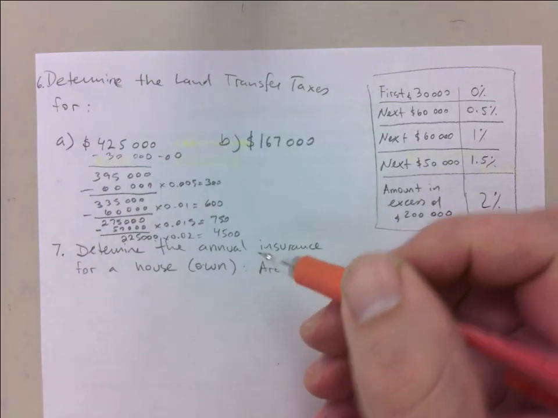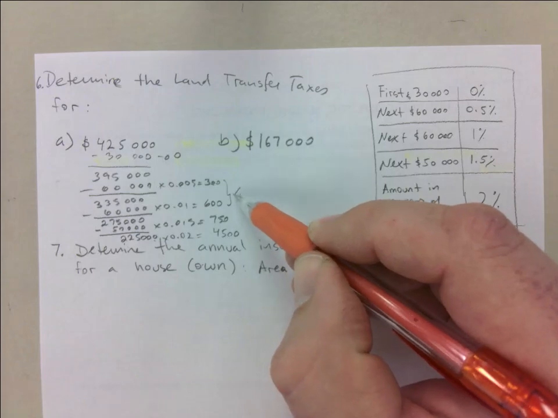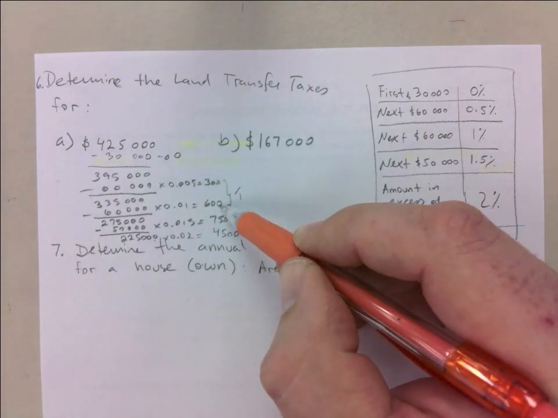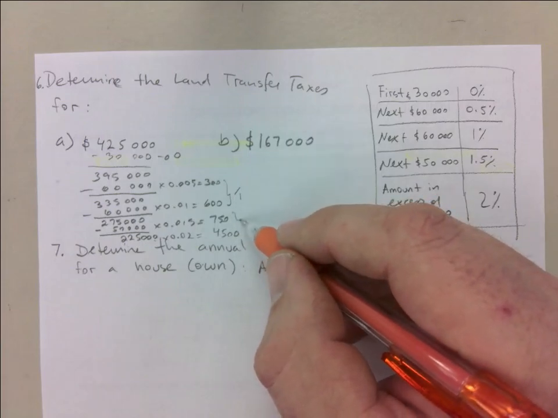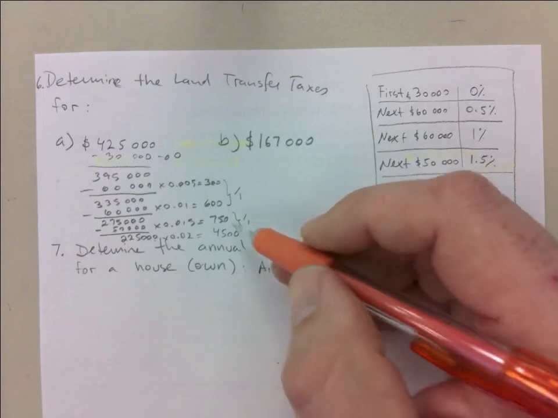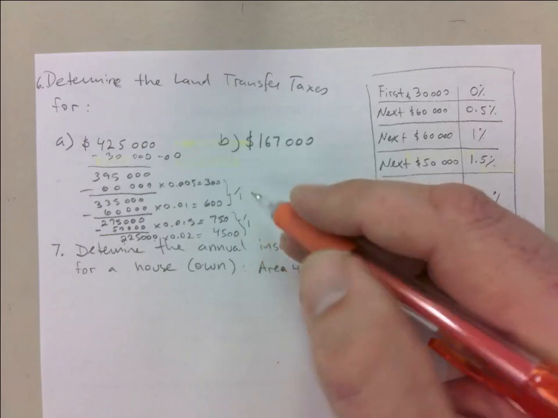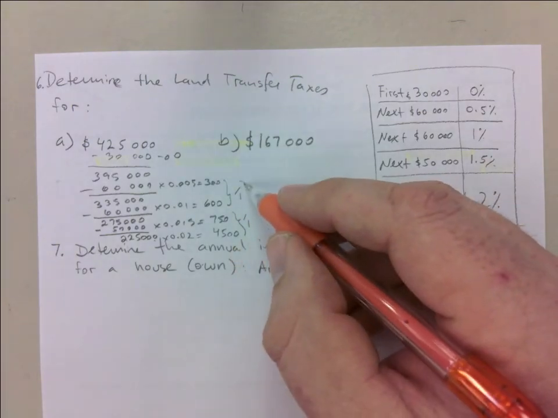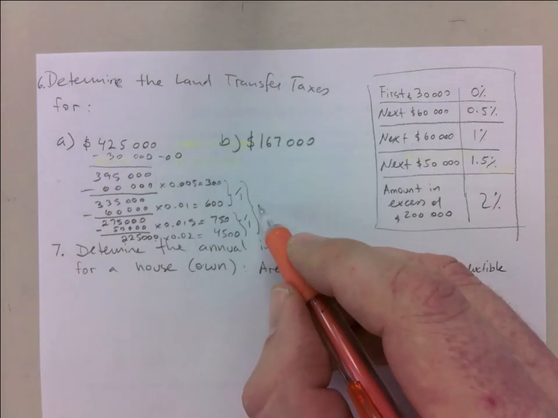Okay, so let's do the marks here. I will give you 1 mark for having the 300 and the 600, and I will give you another mark for having the 750 and the 4,500. And then the total, if you add all of that up, it should be 6,150.